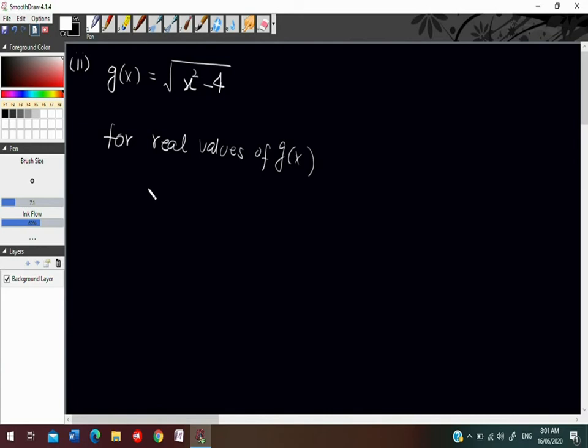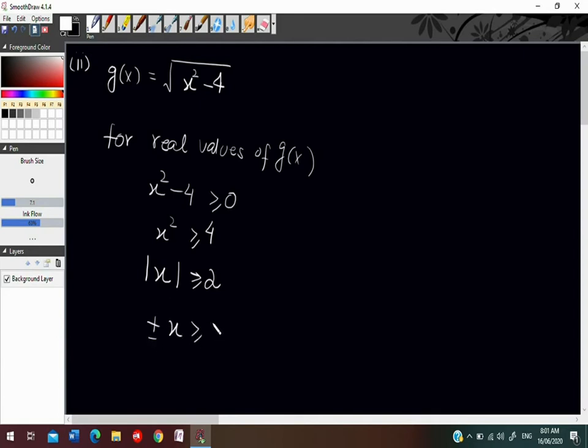x square minus 4 is greater than or equal to 0, and x square is greater than or equal to 4. When it comes to this side, it becomes positive 4, and mod x is greater than or equal to 2, meaning plus or minus x is greater than or equal to 2.